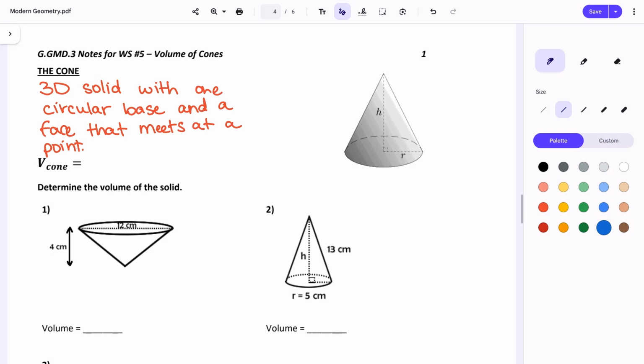Like a pyramid, the cone has that point at the very top. Yesterday when we saw the pyramid, all of those triangular faces were kind of angled in towards each other and met at that top point. Cone does the same thing, except its face is a little bit different than the pyramid. A cone's face, like the surface that goes around it, is a little bit more smooth. It is still curving, though, because of that circular base. Yesterday with the pyramid, all those faces were triangles, so they're much more polygon shapes, but they still met at that top point.